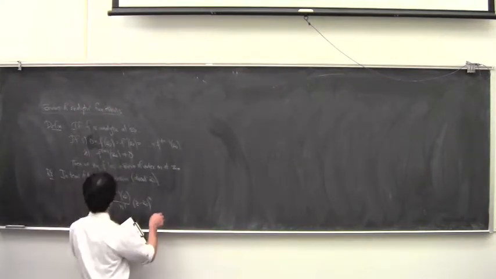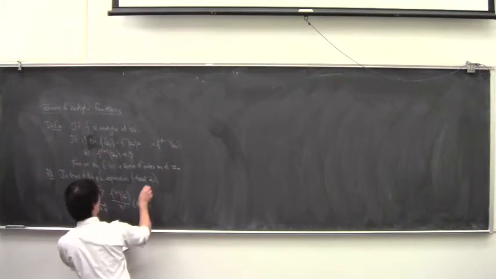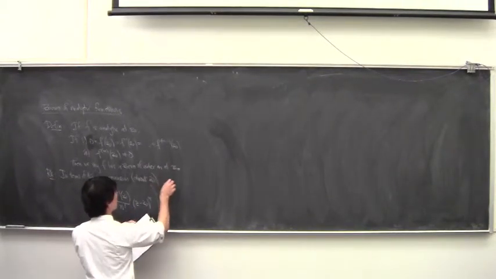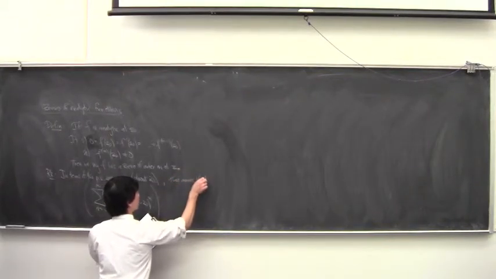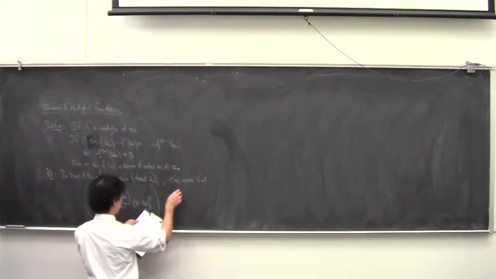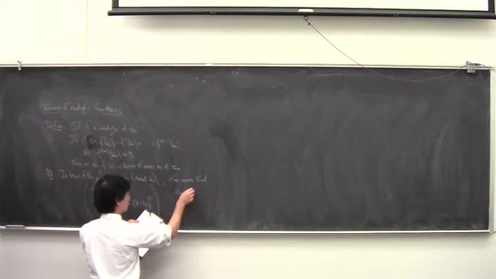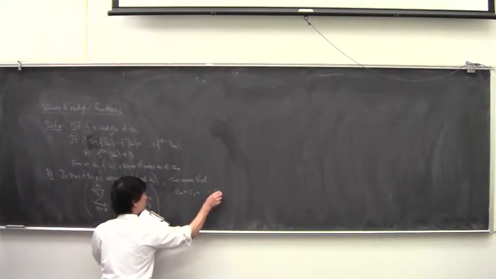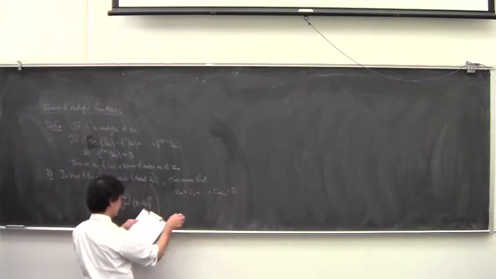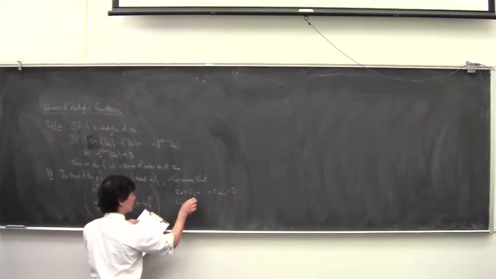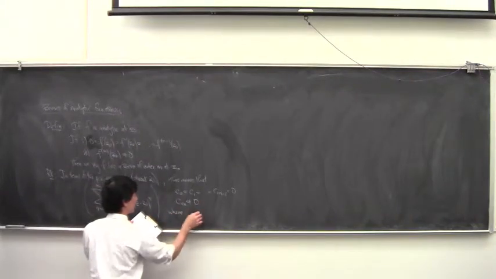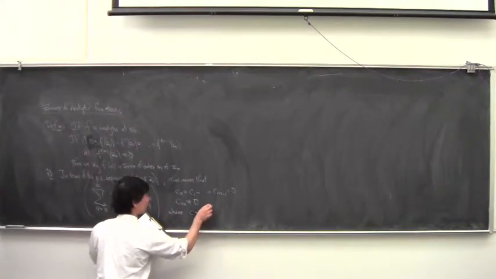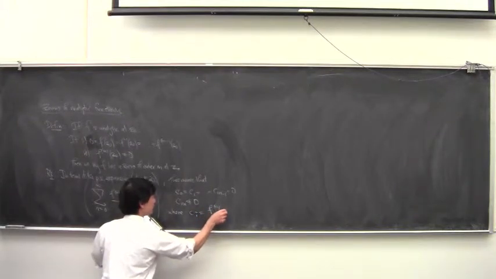So in terms of the power series expansion, this means that the first m coefficients are 0, and the (m plus 1)th coefficient is non-zero, where we're using c_i to denote the ith coefficient.